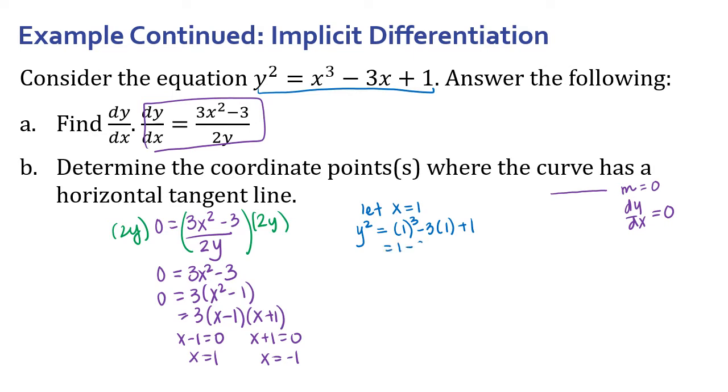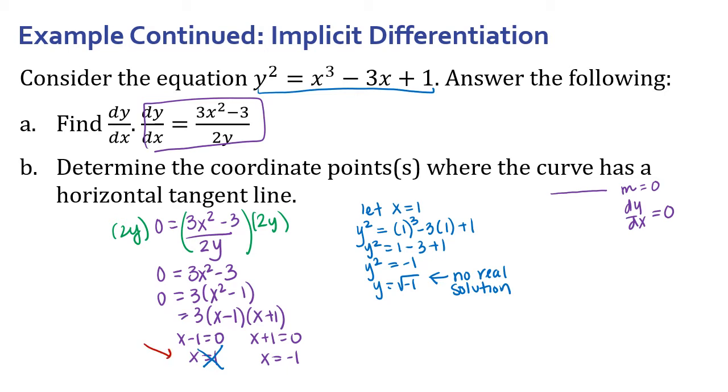So I get 1 minus 3 plus 1, which is negative 1. Well, when I go to solve for y, that would be taking the square root of a negative, which does not exist. There's no real solution to it. So that means that this x ends up being an extraneous solution, is what we call that.